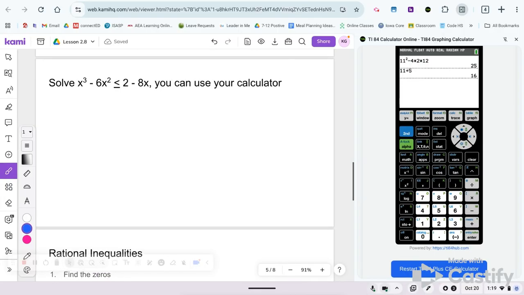All right, this one says we can use our calculator. So first of all, let's set it equal to 0 so we can get this in the calculator. Plus 8x minus 2 is less than or equal to 0. x to the third minus 6x squared plus 8x minus 2.